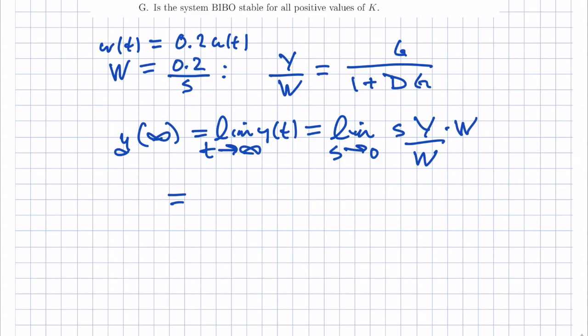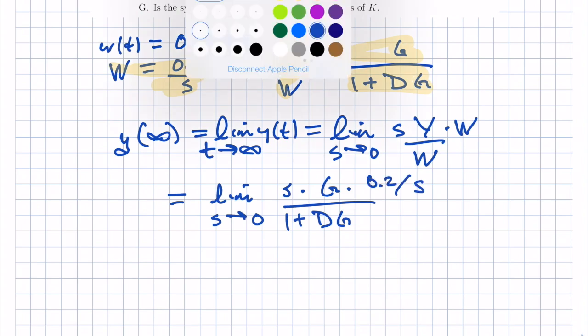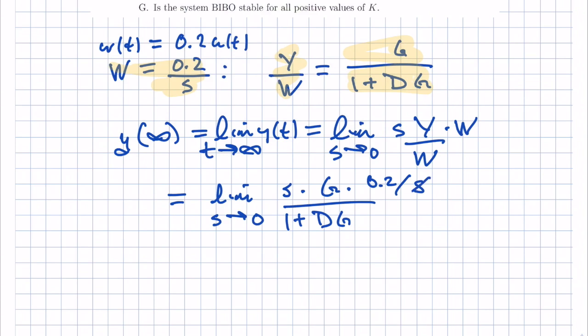All right, so plugging everything in, here's y over w, and we know that w is 0.2 over s. We get limit as s goes to 0 of s times y over w, so that'd be g over 1 plus dg times 0.2 over s. And so we notice that the s's here cancel.